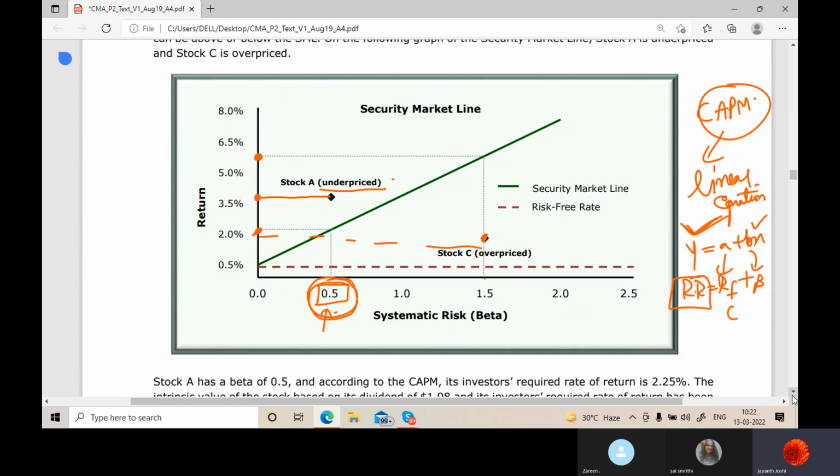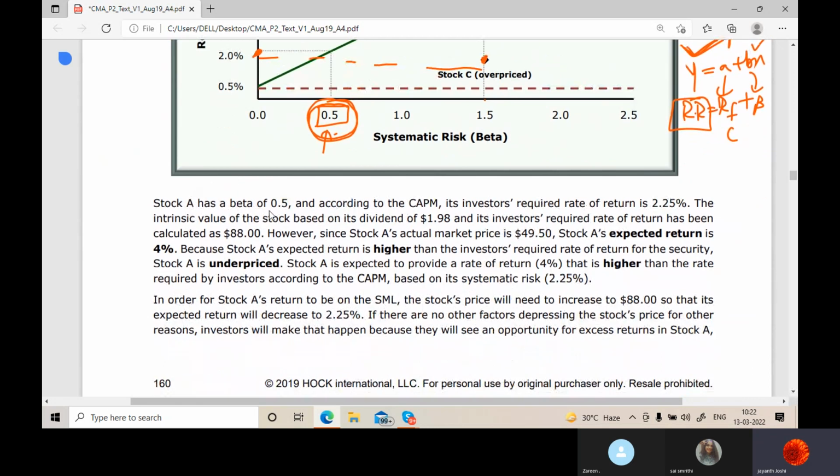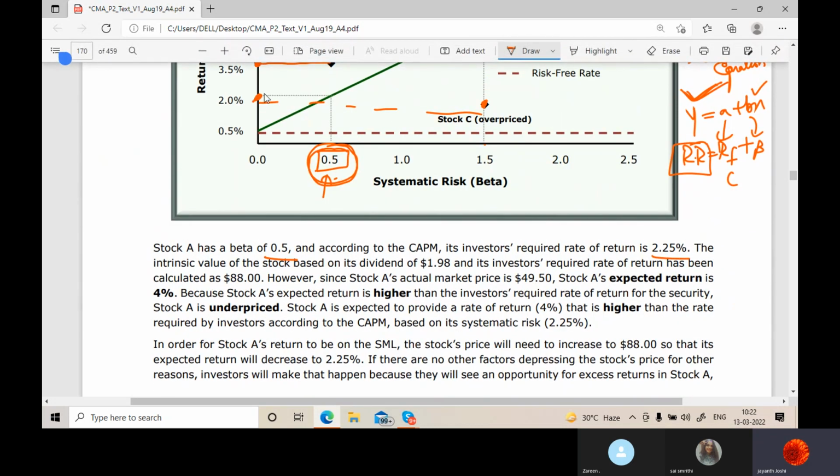So what they have given in the statement is C. The stock has a beta of 0.5, and according to CAPM, the investor's required rate of return should be 2.25. As you can see here, they did not write it here, but 2.25 is about 2. The intrinsic value of the stock based on its dividend of 1.98 and the investor's required rate of return has been calculated as 88. Okay.